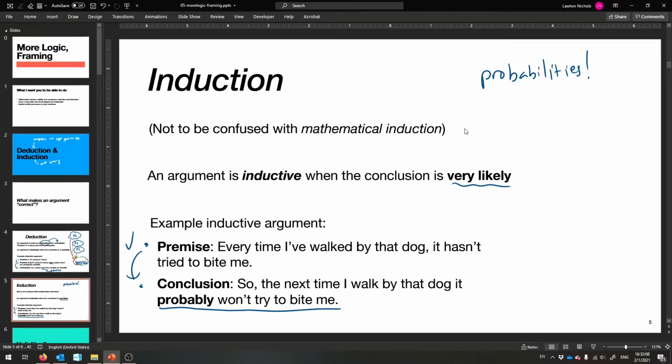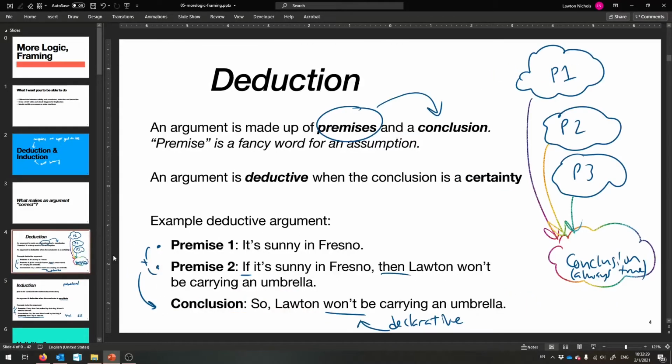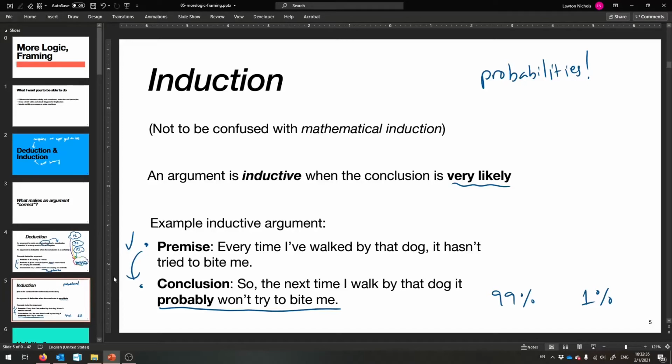Well, usually, yes. In 99% of the cases, it's probably going to be true. Like, yeah, the dog's not going to bite me if I walk past it, because obviously the dog is not that unfriendly. But maybe the dog has had a bad day, or just came back from a fight with another dog. There might be still a 1% chance that the dog's going to bite me. Okay, it's not a certainty like it would be in a deductive argument. Okay, that's the huge, huge difference, and I hope you see it. Okay, so that's deduction versus induction, and let's keep trucking.